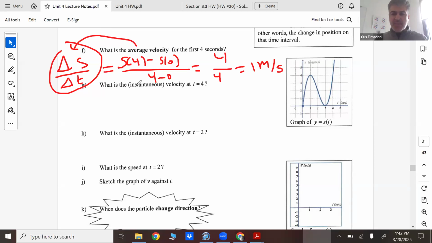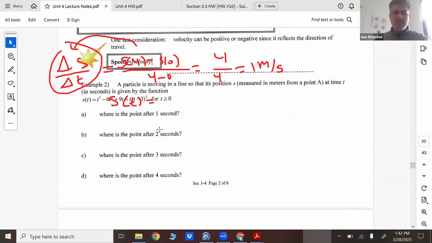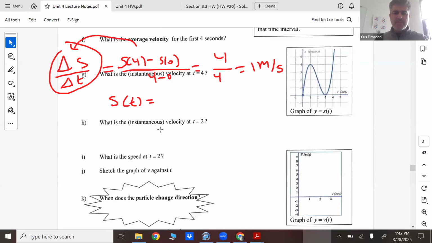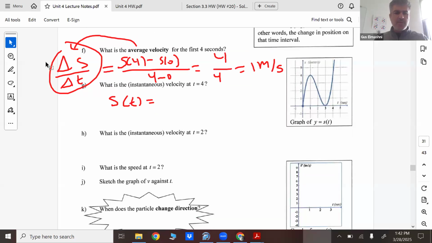What's instantaneous velocity at t equals 4? Now, what was my function again? S of t was what? t squared times t minus 3, t minus 3 squared. Okay. Actually, let's write out the full expanded form. What was the expanded form? So t cubed minus what again?